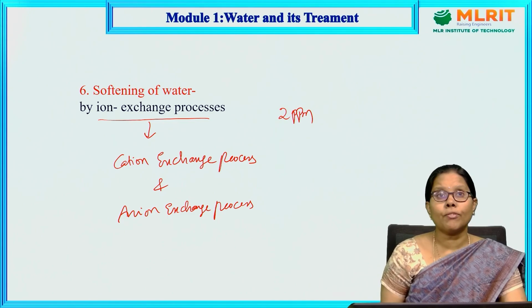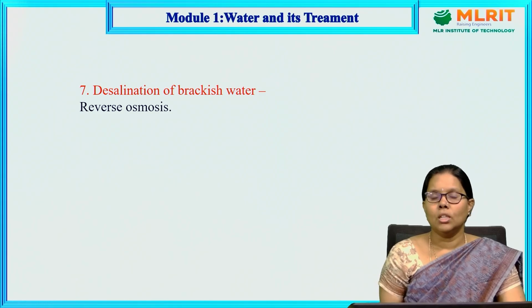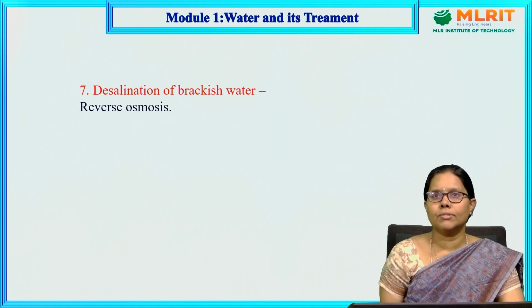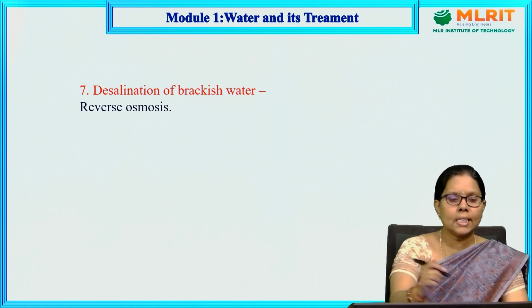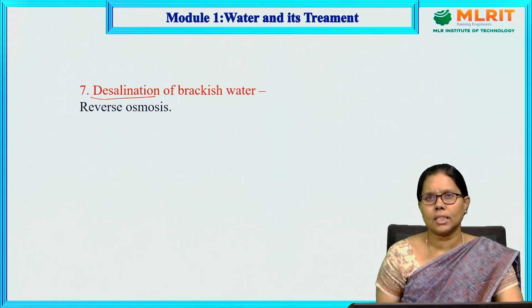There is another softening method called desalination of brackish water. By reverse osmosis, which is just the opposite of the osmosis process, using hydrostatic pressure, we remove all the salts which are present in the water. Desalination is nothing but removal of salts present in the water. Brackish water is seawater or salt water.